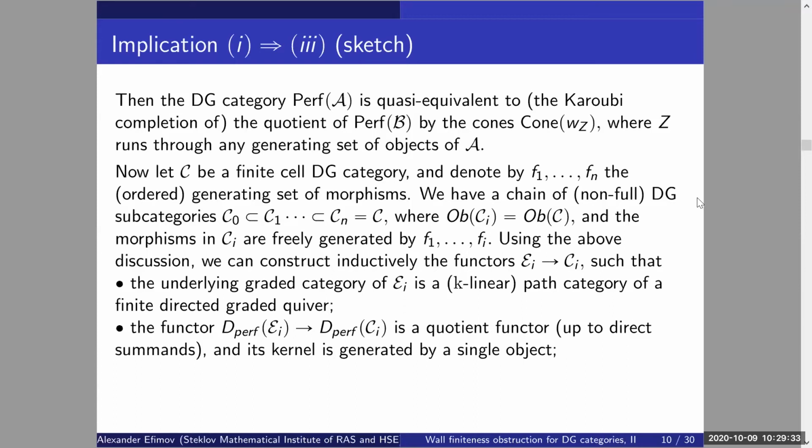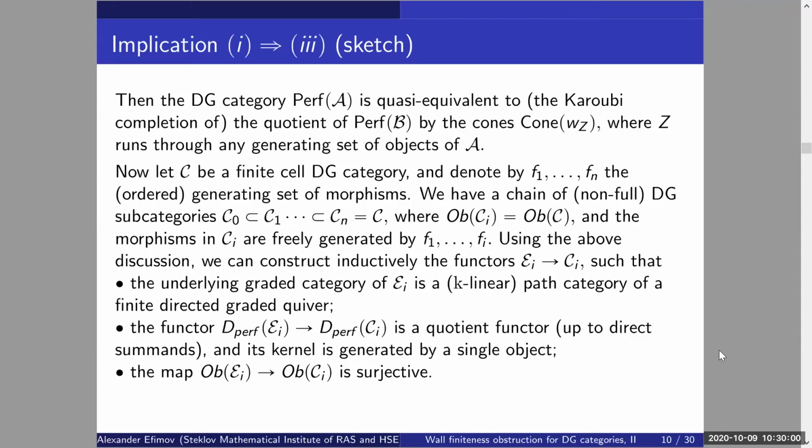So we have a quotient functor up to direct summands, and the kernel is generated by a single object. And there is a technical assumption that this map on objects is surjective. It is just needed to be able to lift bimodules from Ci to Ei.